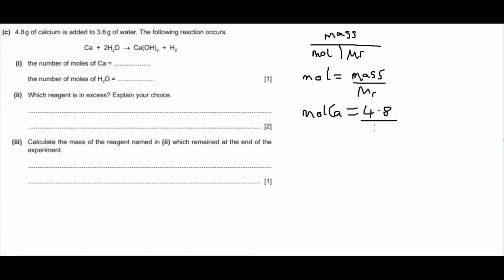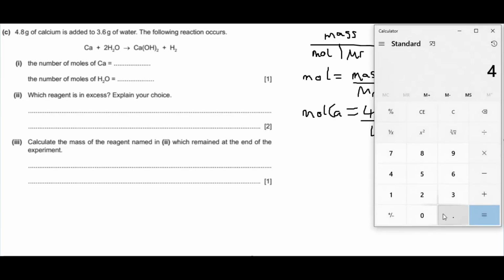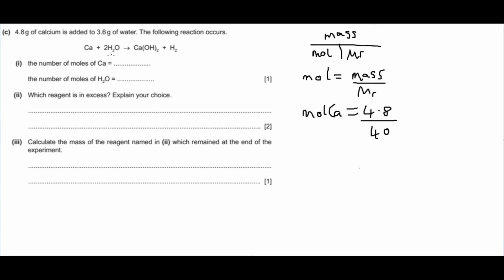You'll need a periodic table for this. It is 40. So 4.8 divided by 40 gives us 0.12.